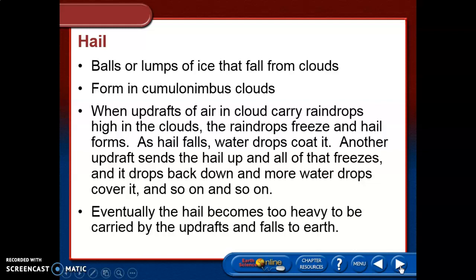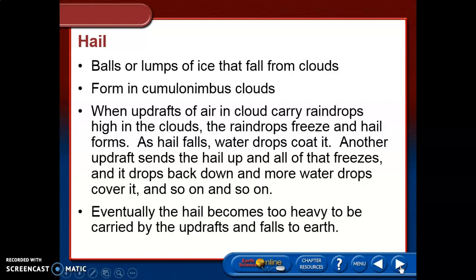Because of convection currents, something that's warmer will rise. So those warm water droplets are going to rise to the top of the cloud, freeze up there, and then drop back down to the bottom of the cloud, and they're little teeny weeny frozen pellets at that point. Then more water wraps around that frozen pellet, and it gets tossed back up to the top of the cloud and freezes, and then drops down to the bottom of the cloud.